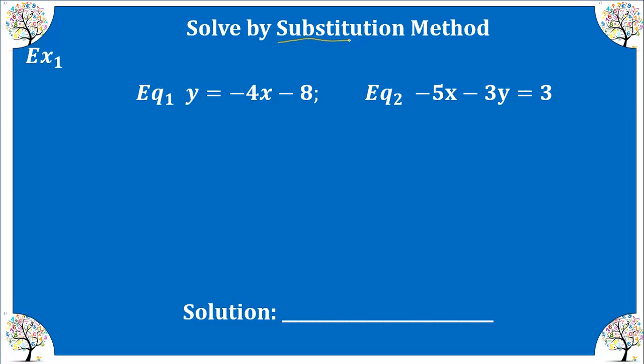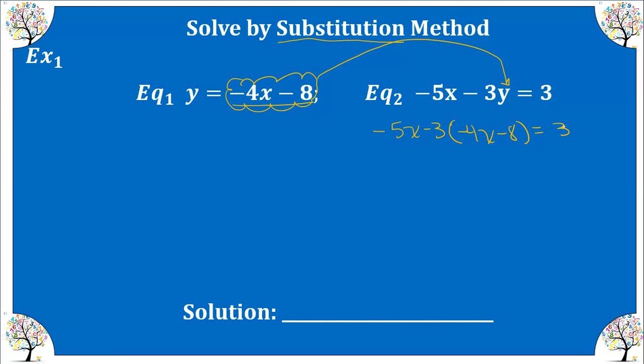This is called substitution because I'm going to take what y equals, negative 4x minus 8, and I'm going to substitute it in to the other equation. So I'm going to rewrite this equation by substituting, and yes, we need parentheses. Instead of y, we're going to put what y equals, negative 4x minus 8, and that equals 3.